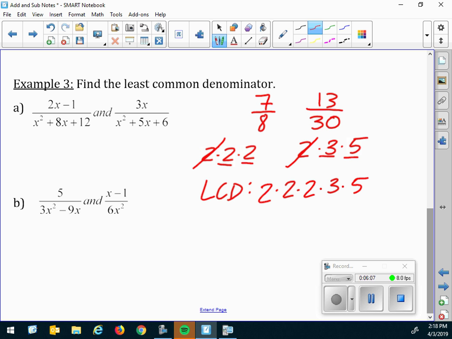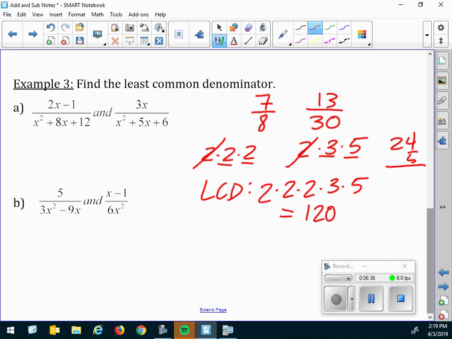What's 2 times 2 times 2 times 3, and 24 times 5 is 120. That's your least common denominator. You're thinking, I wouldn't have done that. I would have just used 240 and factored out a 2 at the end. That's totally fine. You can do that.